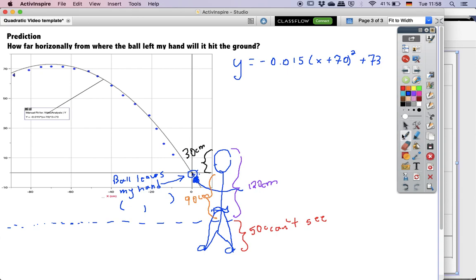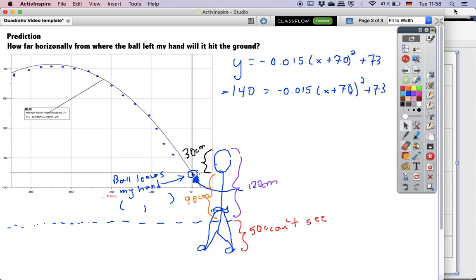Okay, so then minus 140 equals negative 0.015x plus 70 using our better model. Now that would be great if the ball actually left exactly on the origin, but did it?